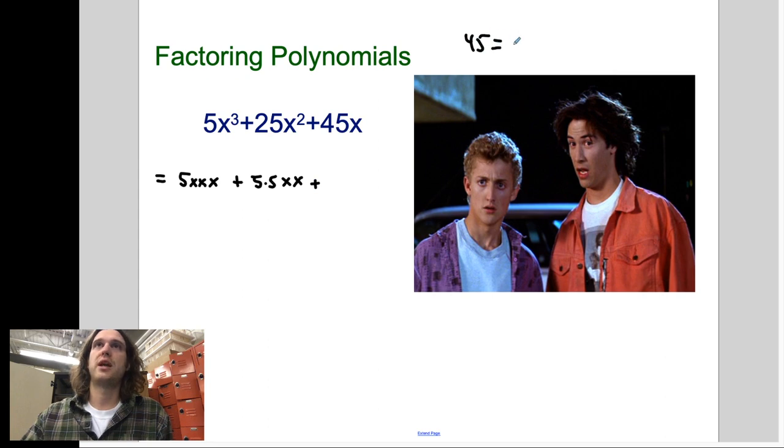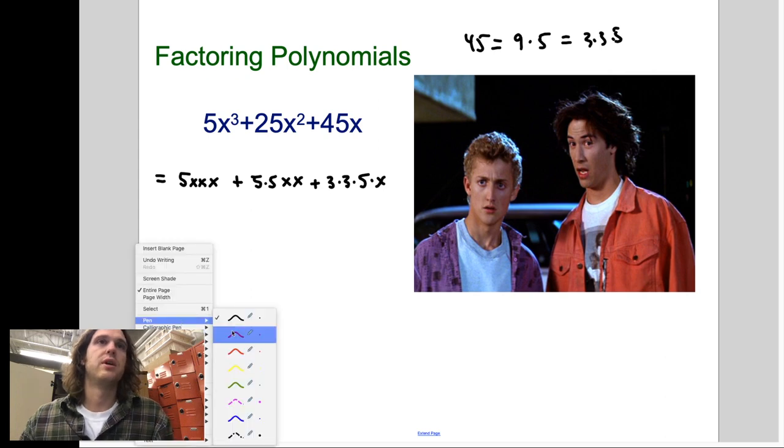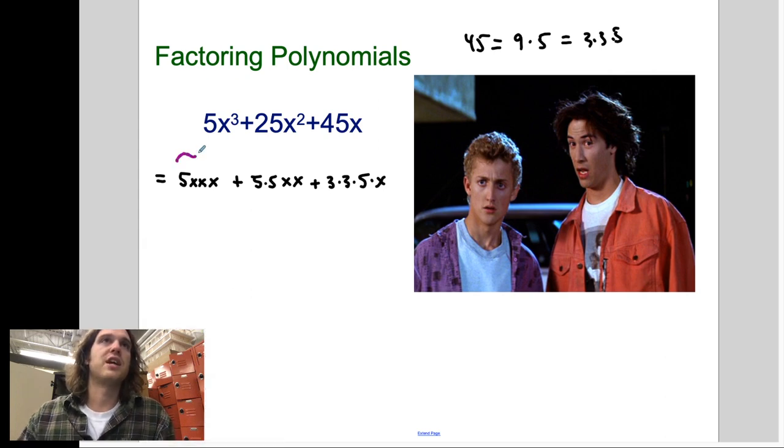If you need to write it on the side, 45 is 9 times 5, which is 3 times 3 times 5, so this will be 3 times 3 times 5 times x. Great. So how do I factor a polynomial? It's really quite simple. You're going to go to each of the three terms, and you're going to see what are the factors in each term that they have in common.